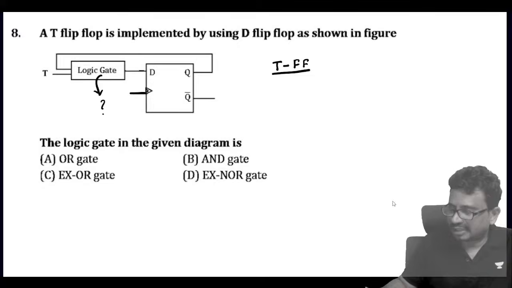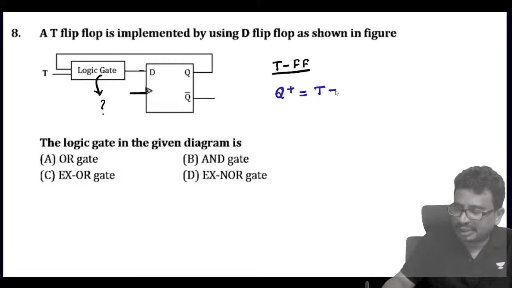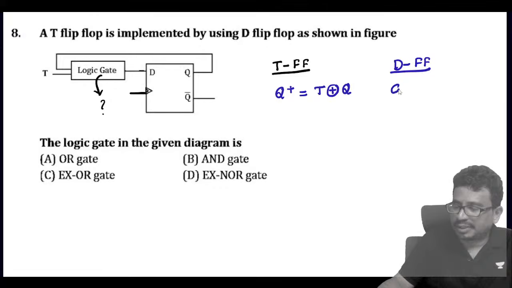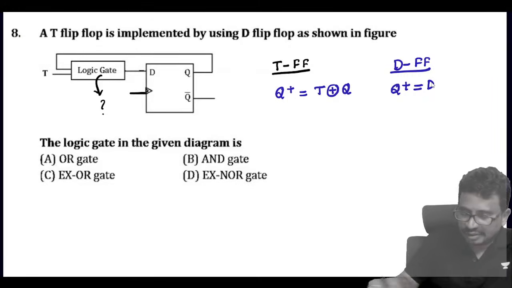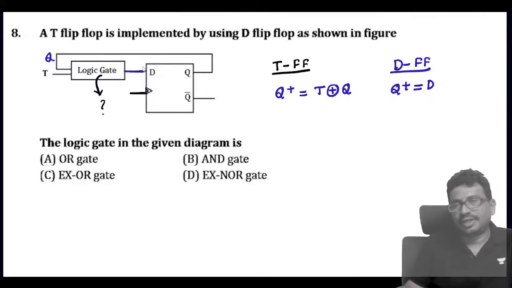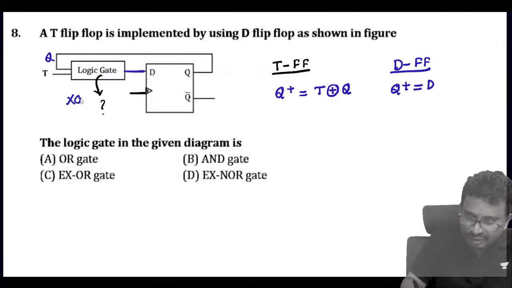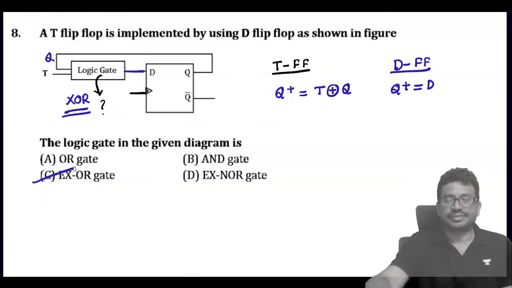The T flip-flop characteristic equation is Q plus equal to T XOR Q, and the D flip-flop characteristic equation is Q plus equal to D. So now here one input is Q, and this is D, so this must be a T XOR Q, which means this must be an XOR gate. So which gate? XOR gate.